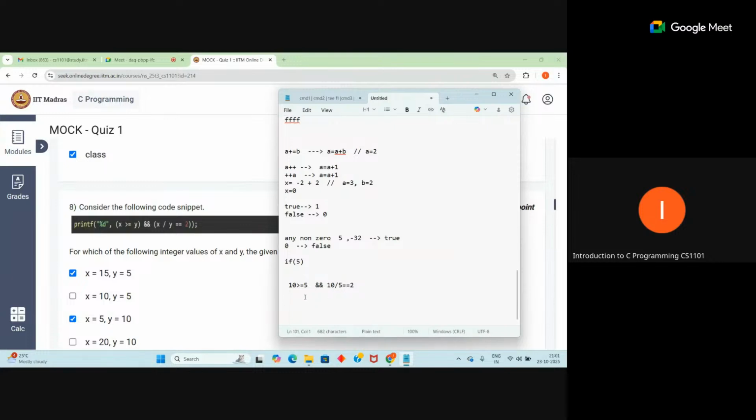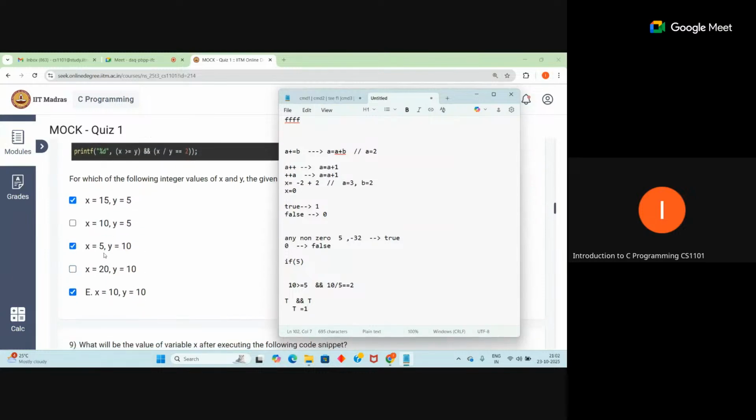So the first condition is true as well as the second condition, and you are combining those two conditions with AND, so the AND will also be true. The final result is true, so it will return 1. So for the second case, it will print 1. But we are asked to select the one which will print 0, so it cannot be the answer.